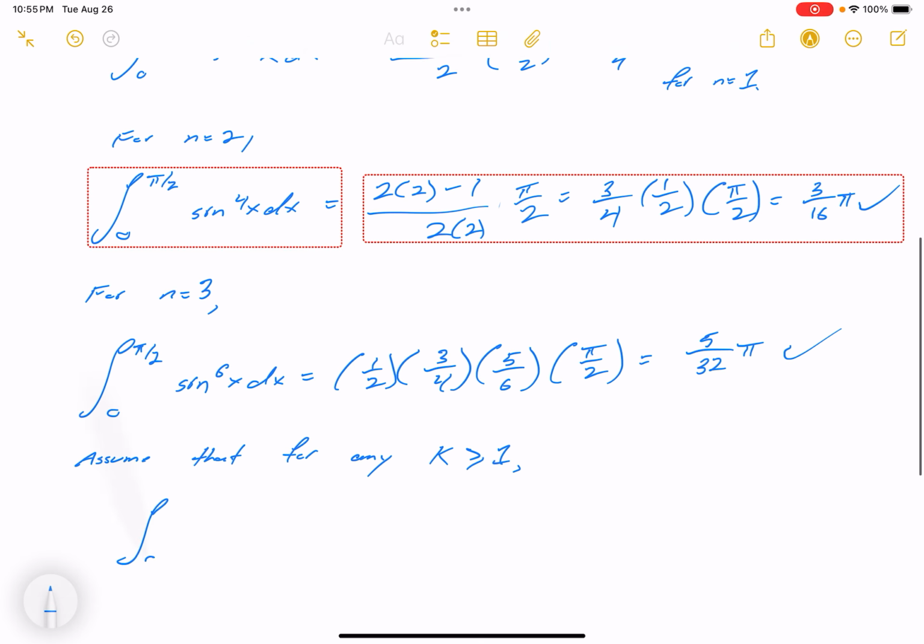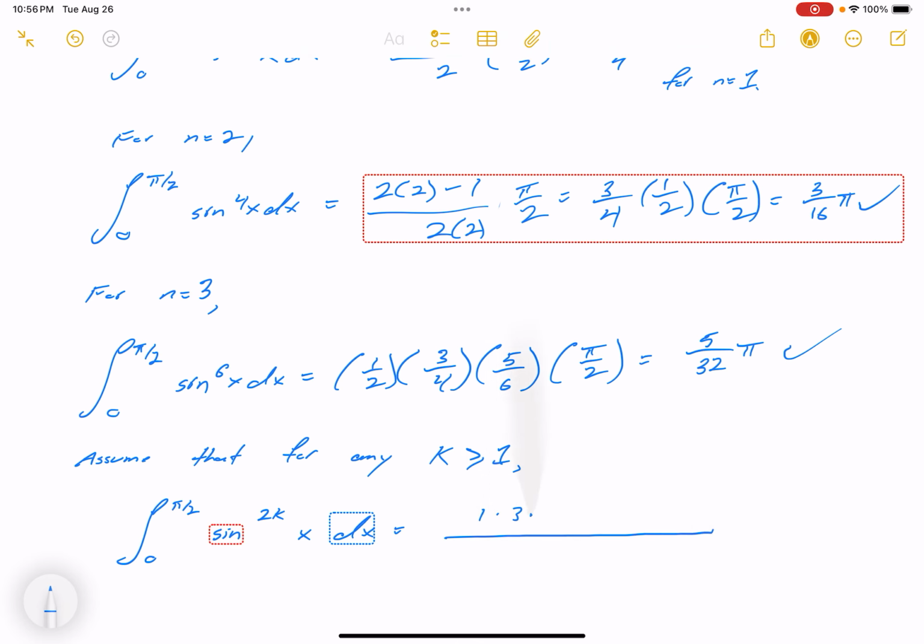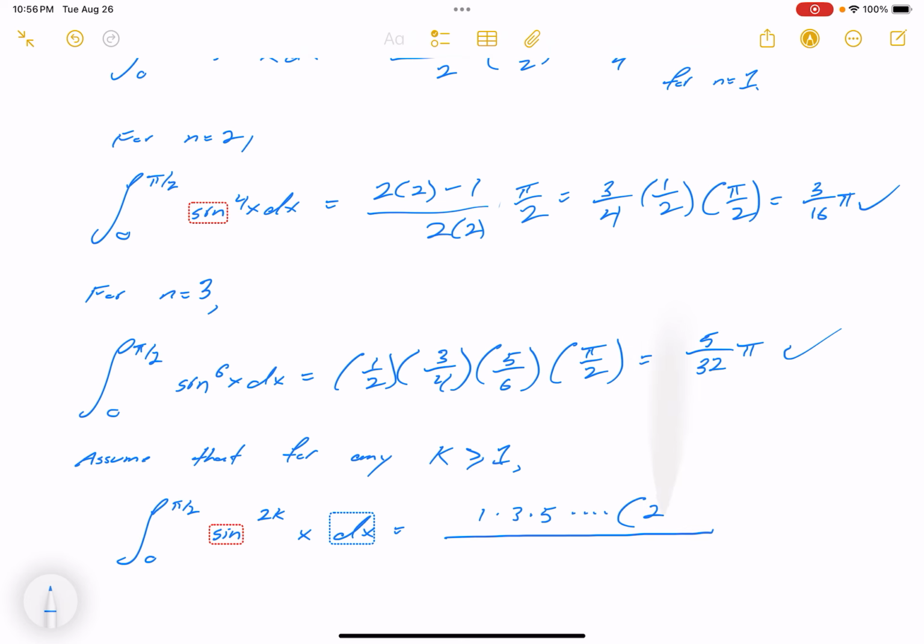the integral from 0 to pi over 2 of sine, we're going to replace our n with k, so sine to the 2k of x dx, is equal to our sequence of 1 multiplied by 3 multiplied by 5 up to 2k minus 1, over 2k, times pi over 2.